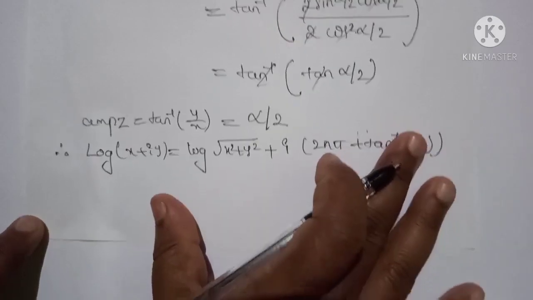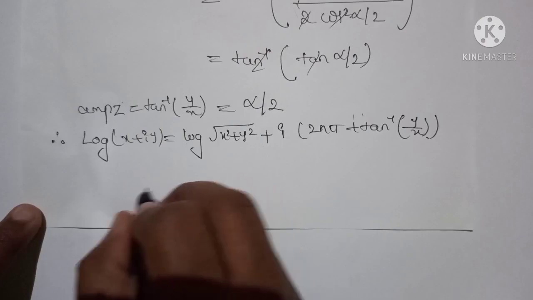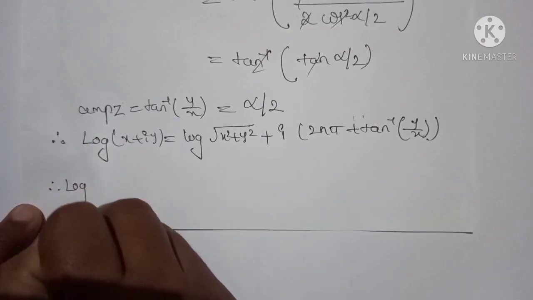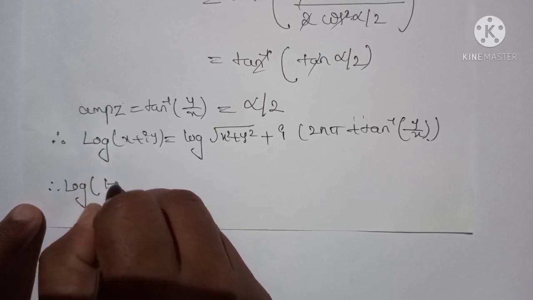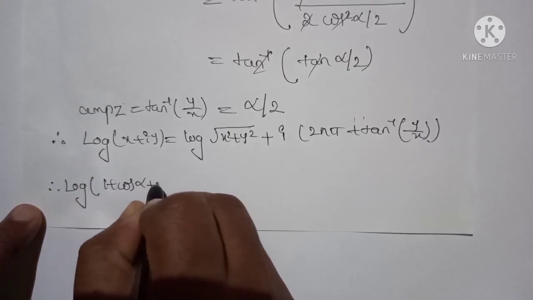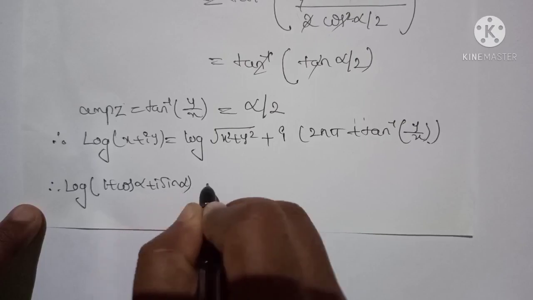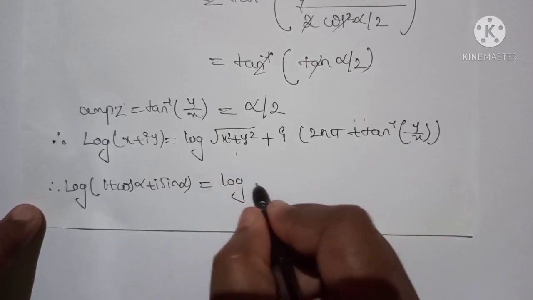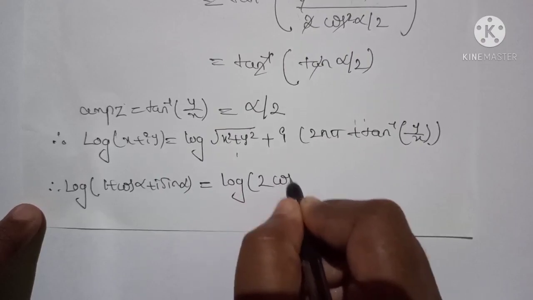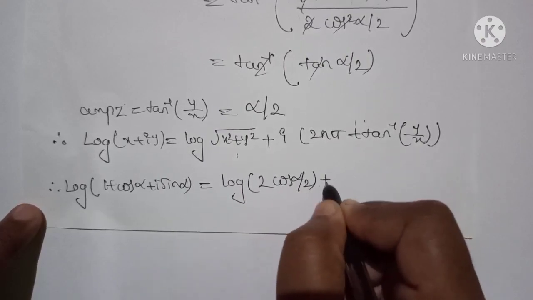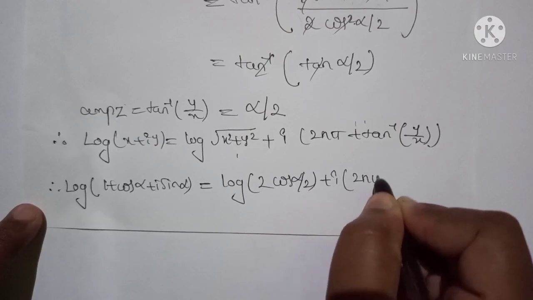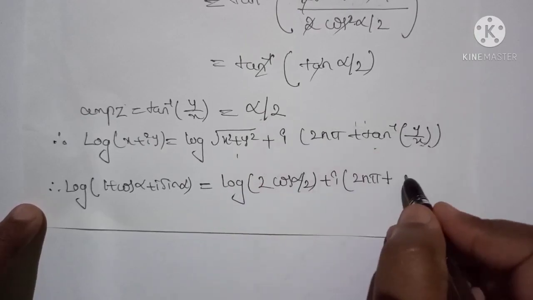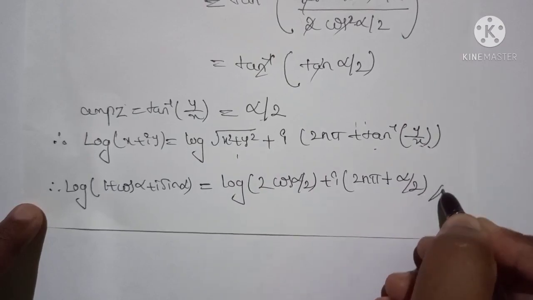So substituting values, we get log of the given function, that is 1 plus cos alpha plus I sin alpha, equals log of square root of x square plus y square, whose value is 2 cos alpha by 2, plus I into 2n pi plus tan inverse of y by x, whose value is alpha by 2. So this is the required answer.